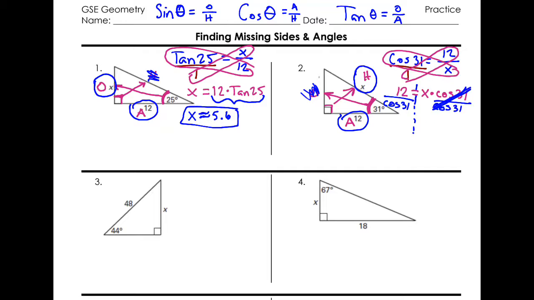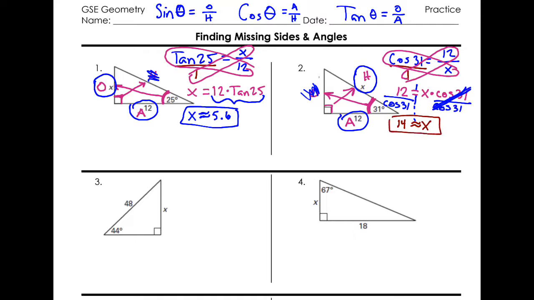So really we have x is equal to whatever we get when we put in the calculator 12 divided by cosine of 31, which is 13.9996. So we're just going to round to 14. So I'm going to make the approximately symbol instead of the equal sign so that we know we rounded. So x is approximately 14.